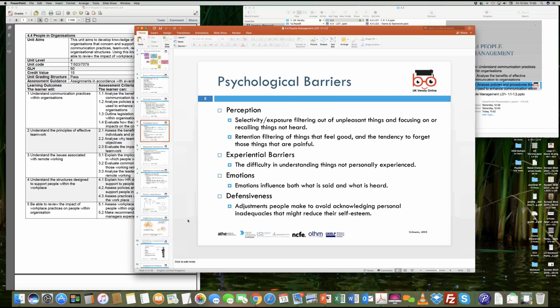Now, there are some barriers which are also applicable specifically to non-verbal communication, and those could be psychological barriers. Psychological barriers would be things like perception, experience, emotion, and defensiveness.